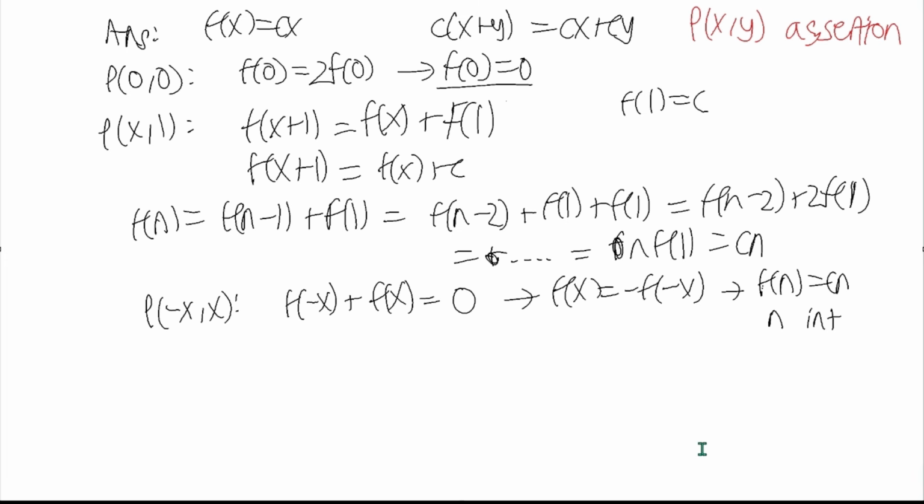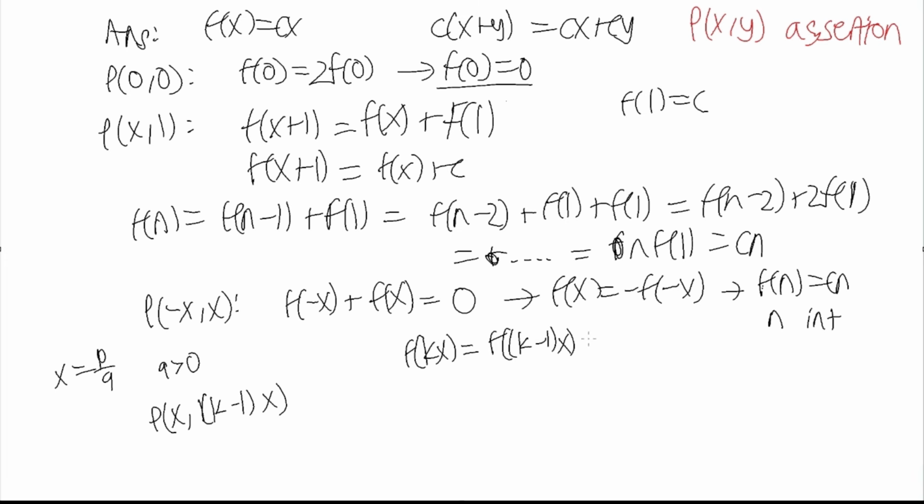And now let's go ahead and write x equals p over q, where we have a fraction where q is greater than 0 and both are integers. Then P of x, (k minus 1)x for a general positive integer k gives f of kx is equal to f of (k minus 1)x plus f of x.